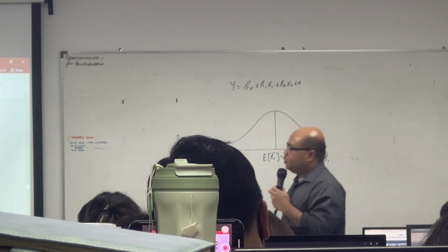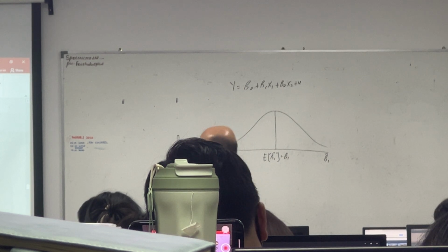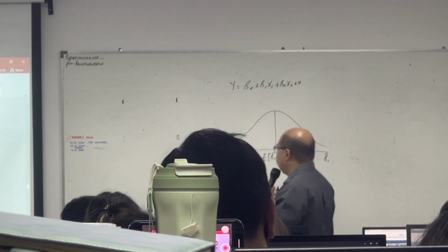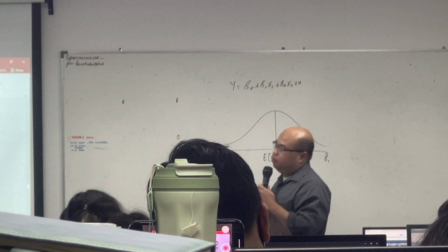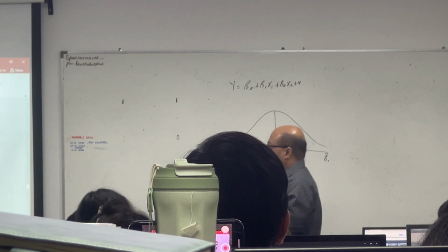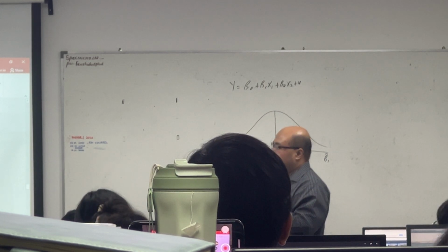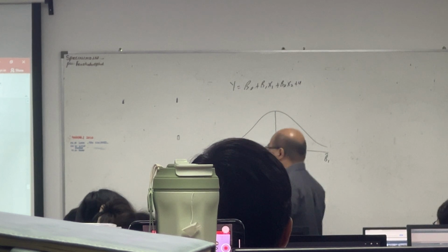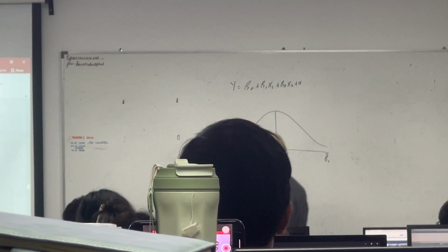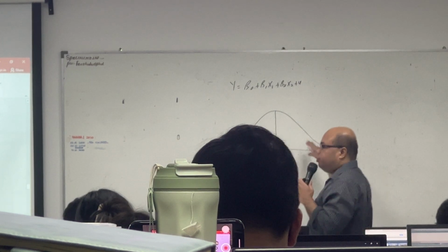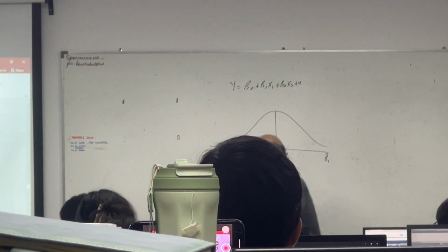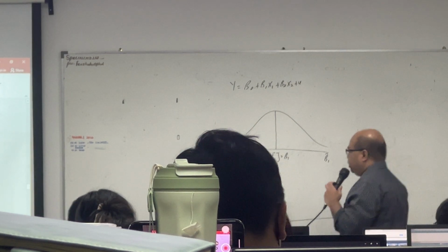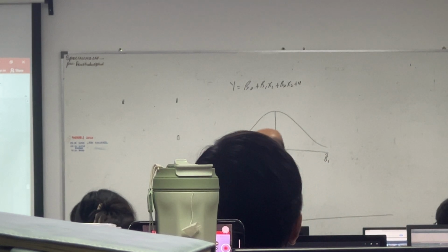Okay. So let's say this is the case where there is no multi-causality, but then we have a situation where we estimate, but there is multi-causality. The presence of multi-causality will make the variance of the distribution larger.